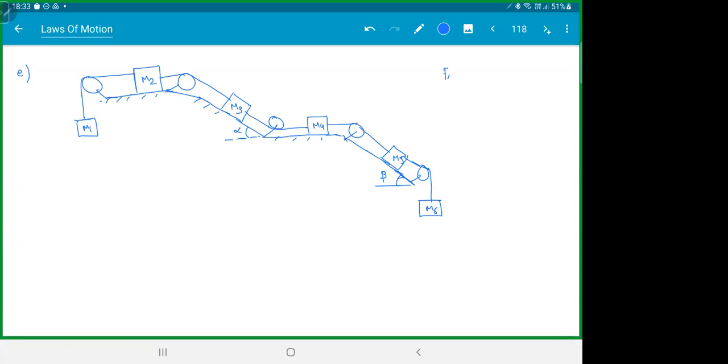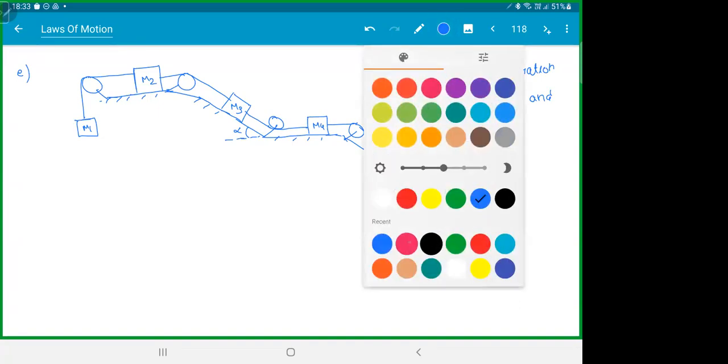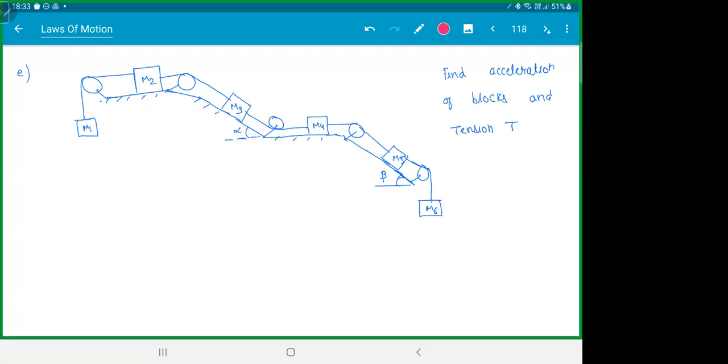Find the acceleration of the blocks, and the tension T. I want you to find the tension in that string.